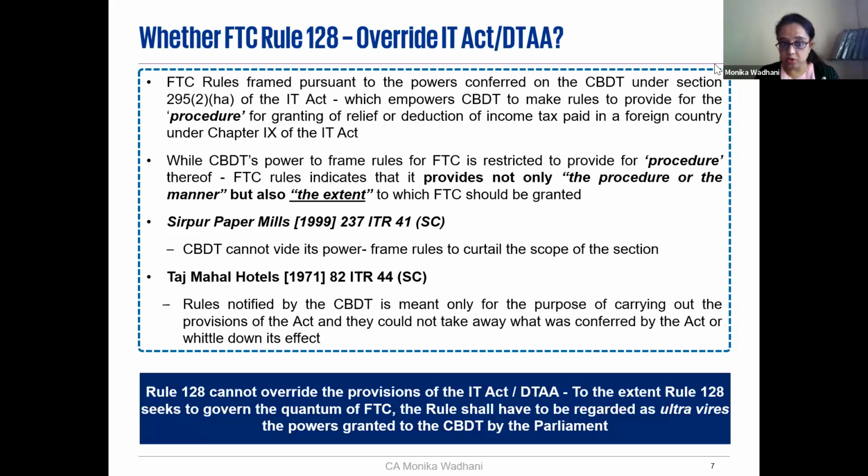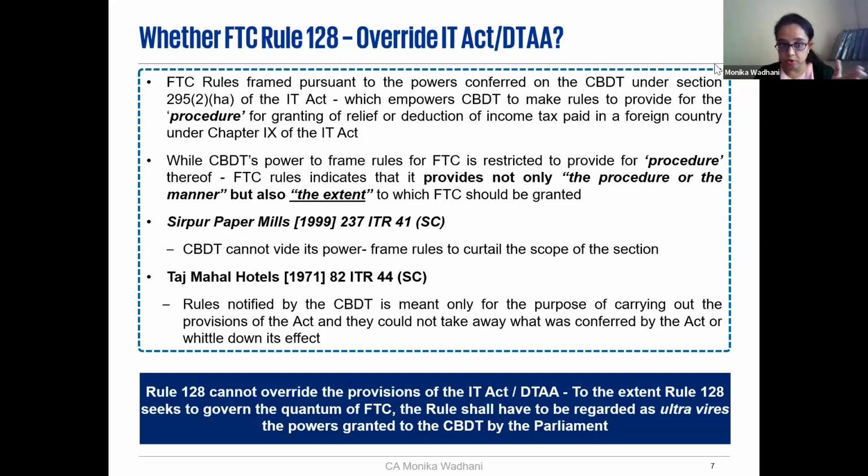An answer to my mind would be no. Rule cannot override, and the support that we have for this argument is that Rule 128 has been introduced pursuant to the powers conferred on the CBDT under Section 295(2)(hA), which only says that CBDT has power to define the procedure for granting of relief, and it cannot extend beyond the computation of the amount of the foreign tax credit.